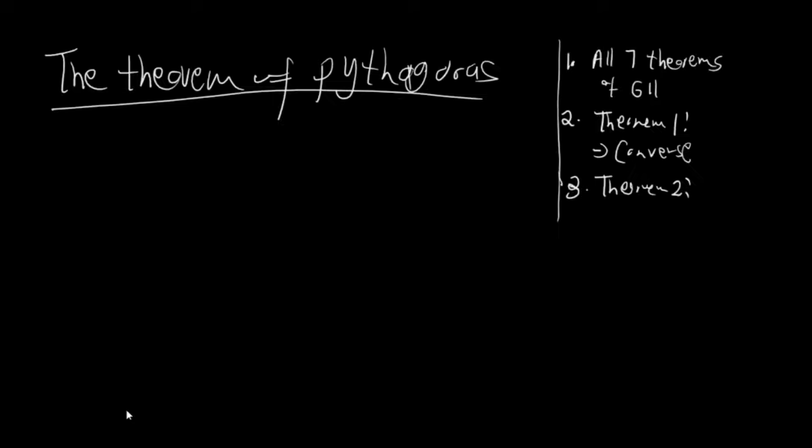And then number 3, you should have done theorem 2, which talks about the equiangular triangles, which are said to be similar, and its converse. And then number 4, you should have done the midpoint theorem, and it also has its converse.